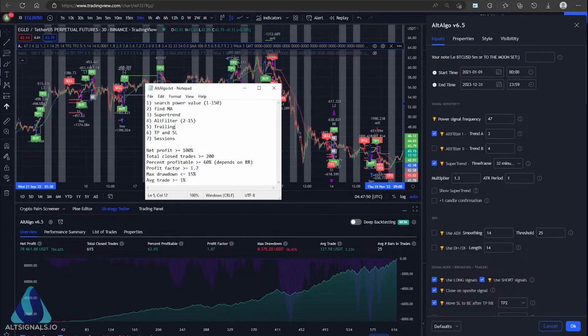Okay guys, so for the conclusion of this video, we have gone through the whole process of finding a decent configuration by doing these 7 steps that I've shared with you. I also explained what the values in the backtesting window mean and where you can put some requirements for yourself.